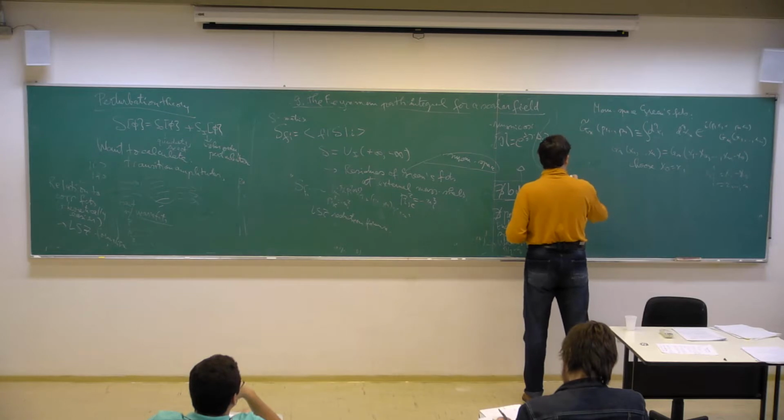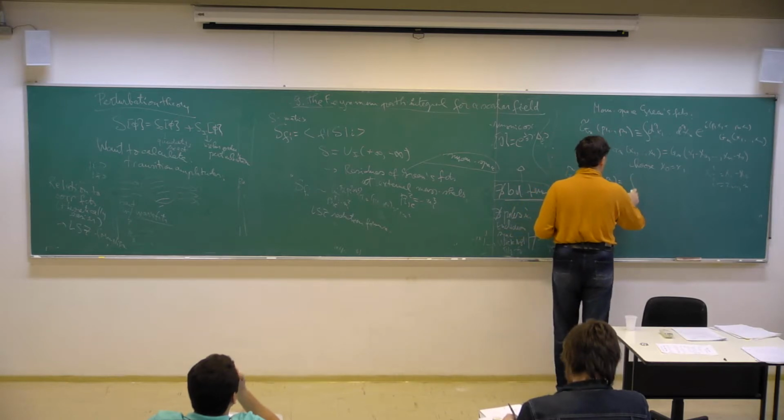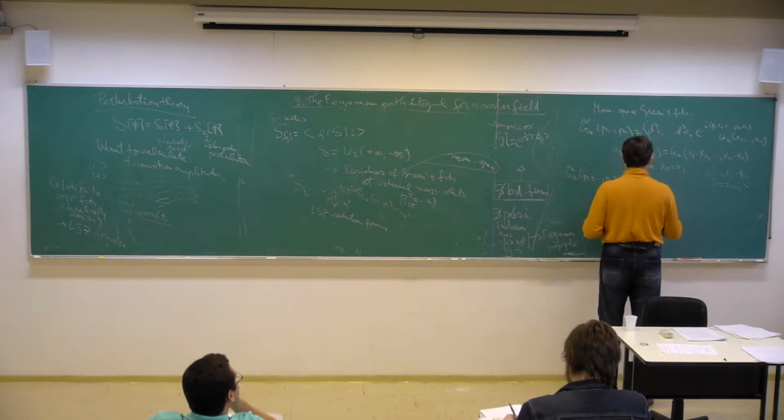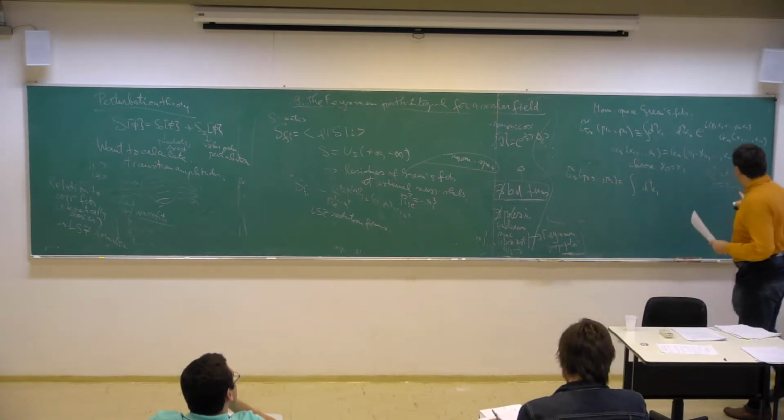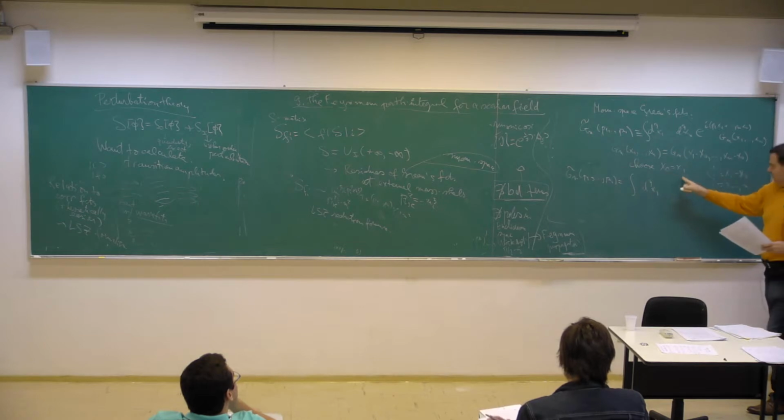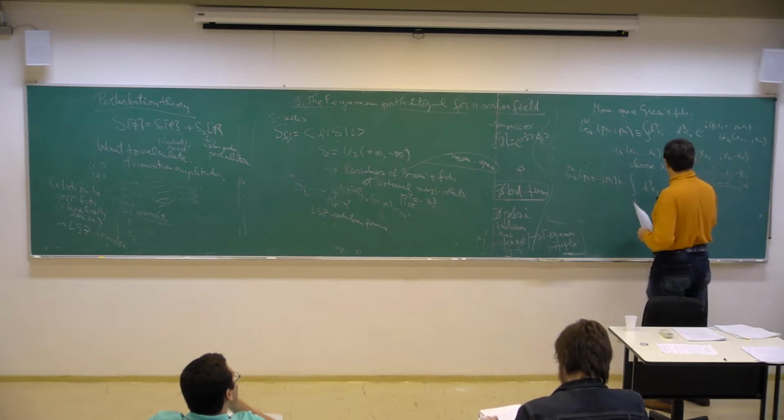So I would obtain that Gn tilde is the integral d^n x1. So I keep this x1, which is equal to x0, separate.